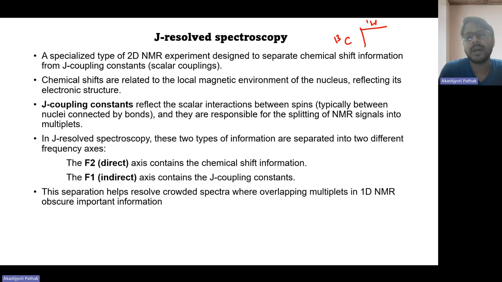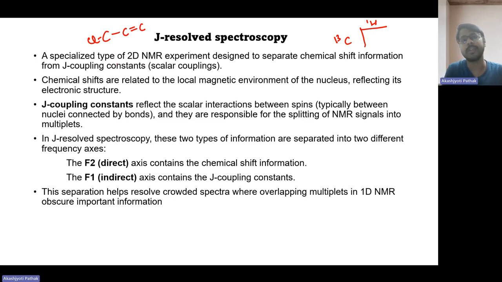Whether this carbon is bonded to an alkene or to some other electronegative atom, depending on all these, it will have a local magnetic environment of its own, and that is what is given by the chemical shift. So from the chemical shift of these nuclei, we get this information.